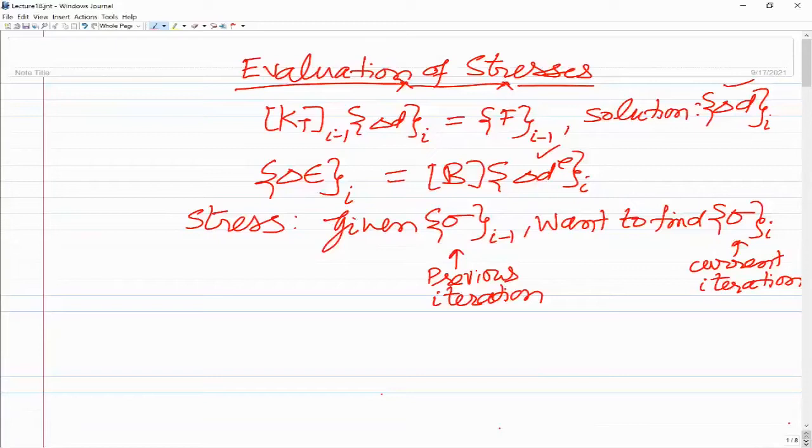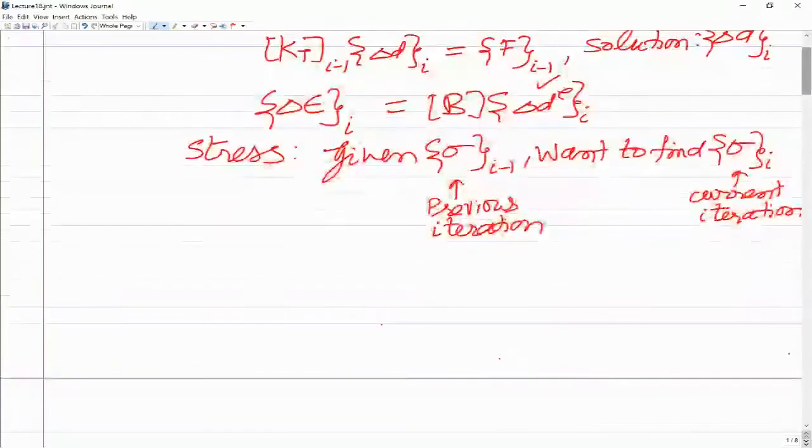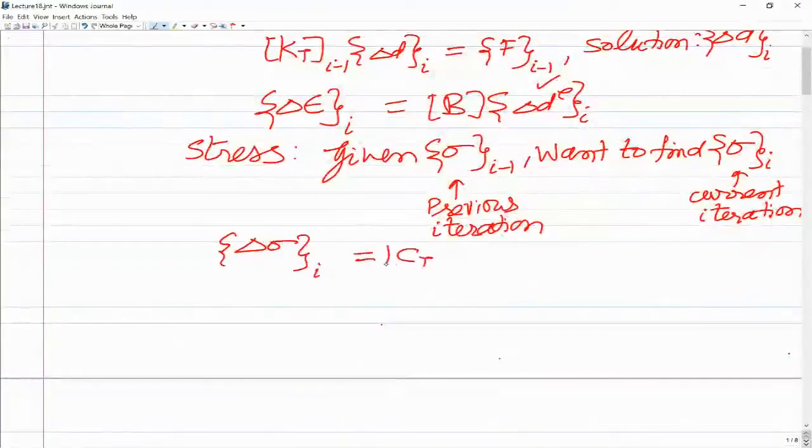You might think that this is a simpler problem, and what you can think of is writing this delta sigma I for the ith iteration as calculated from the CT corresponding to the I minus 1th iteration, because it depends on the stress, and the stress is available for the previous iteration.